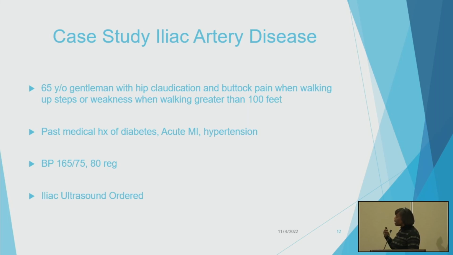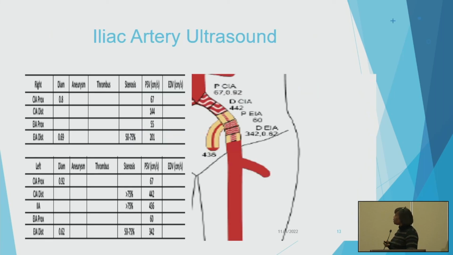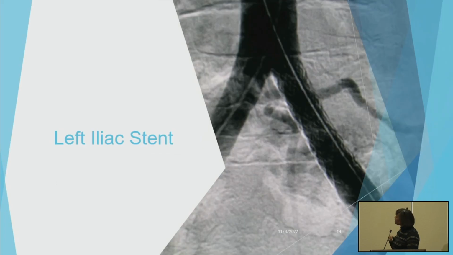But they also had diabetes and a heart attack in the past. We obtained an iliac artery ultrasound, and that ultrasound revealed that they'd had stents before, so they had some in-stent stenosis, pretty significant, greater than 75% in the common iliac artery and external. And so we placed an iliac stent in there.